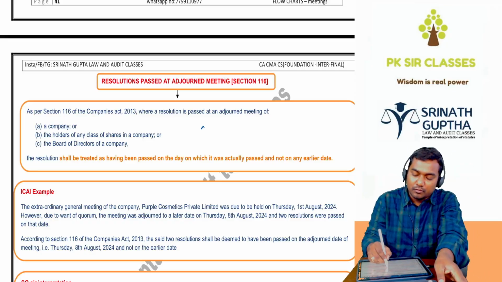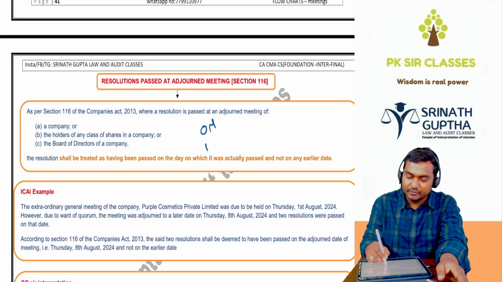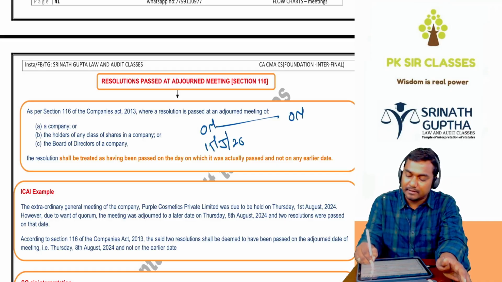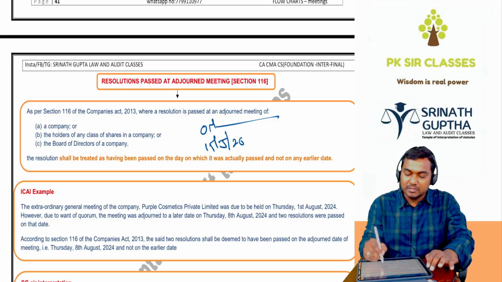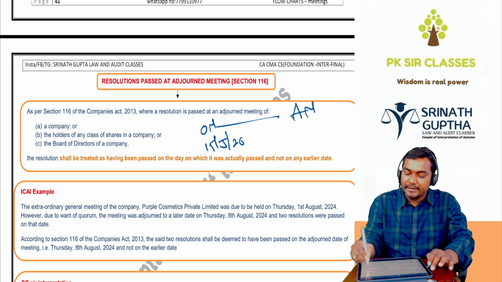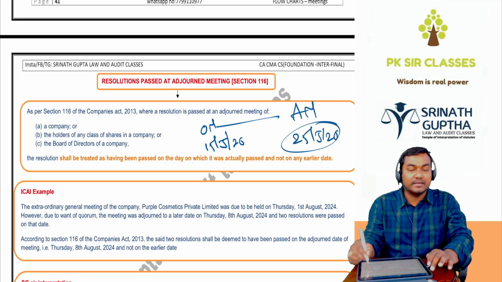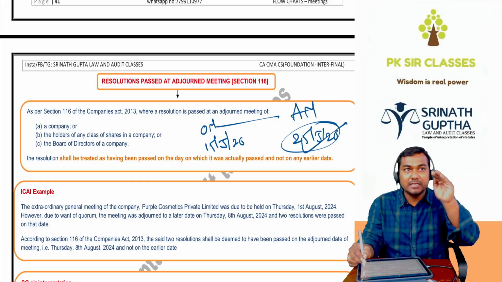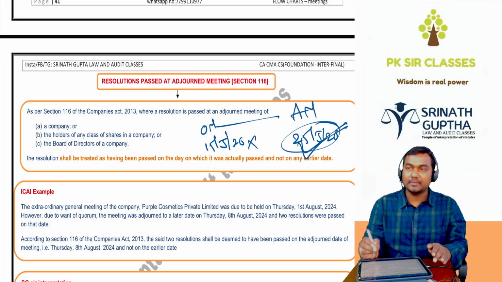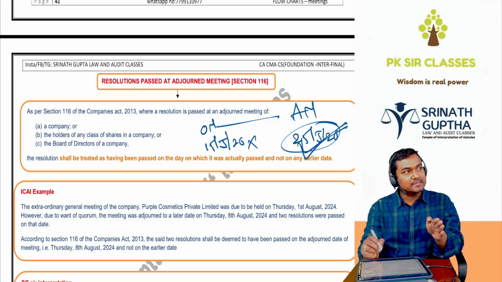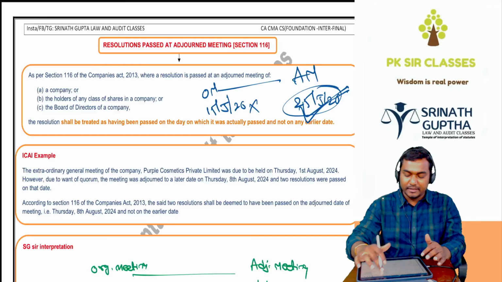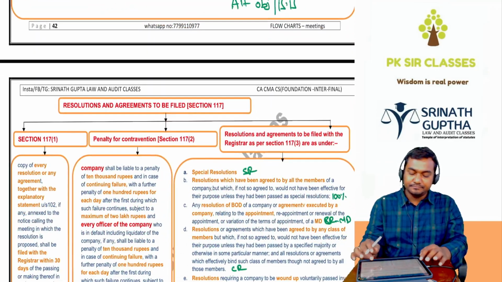For example, original meeting is on the 15th, and adjourned meeting is on, for example, 25 June 26. The resolutions passed in the adjourned meeting are deemed to be passed on the date of the adjourned meeting only, but not from the prior date.